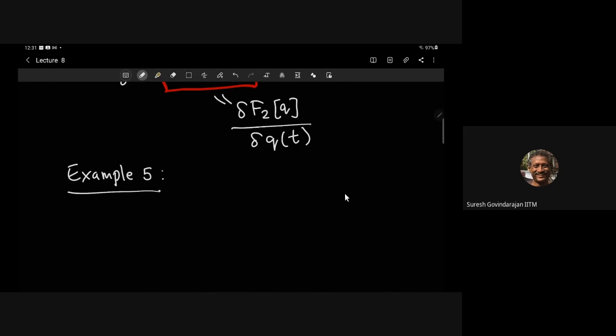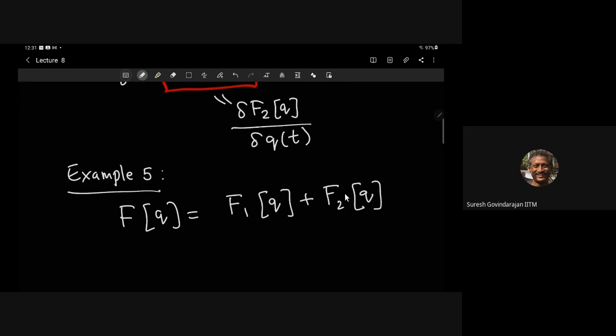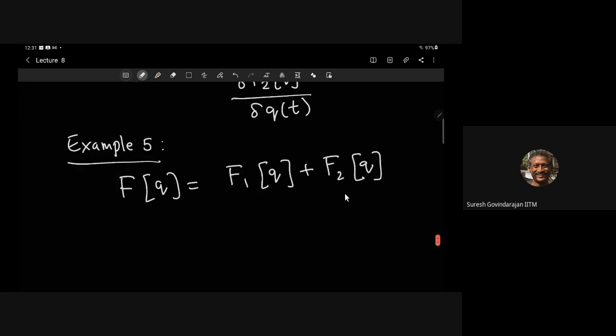Consider the functional f of q to be f1 of q plus f2 of q, the ones we just defined. Now the important property of functional derivatives is that if you take linear combinations or you scale them, functional derivatives will go through.